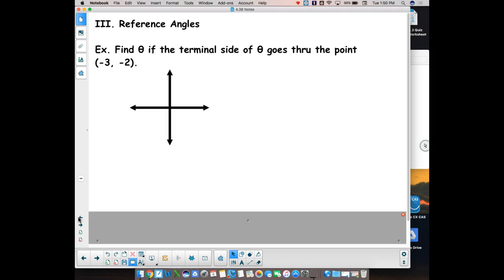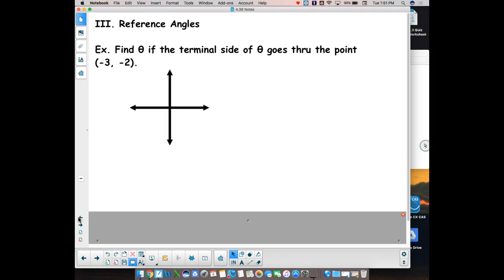I'll take you back even longer than last Friday. I'll take you back to when you were in geometry. What's the only way that you know of to find an angle? Inverse trig functions, right? Okay.